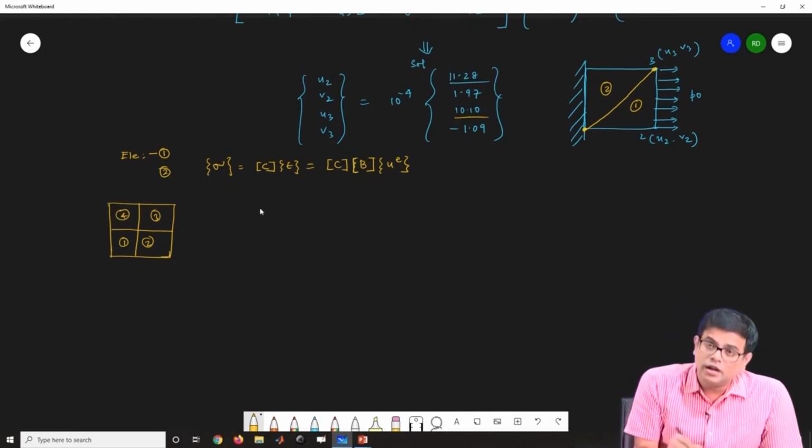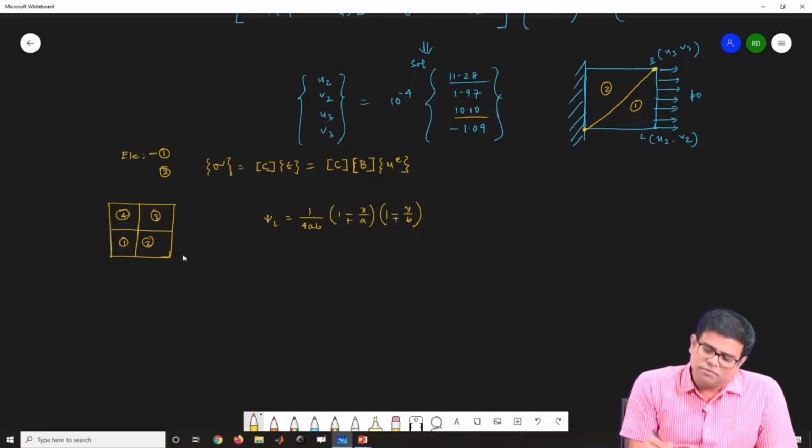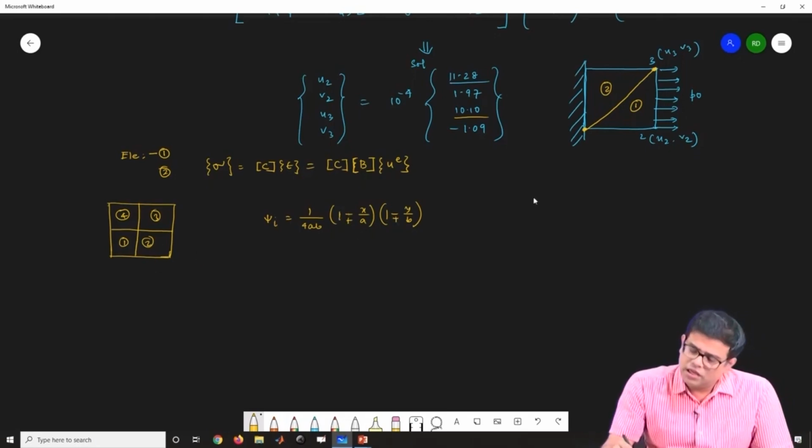For the rectangular element, we know the shape functions, phi i, which are 1 by 4ab times (1 minus x by a) into (1 minus y by b), with alternating signs, minus plus minus plus. Basically this is the shape function for an element where this length is 2a and this length is 2b.